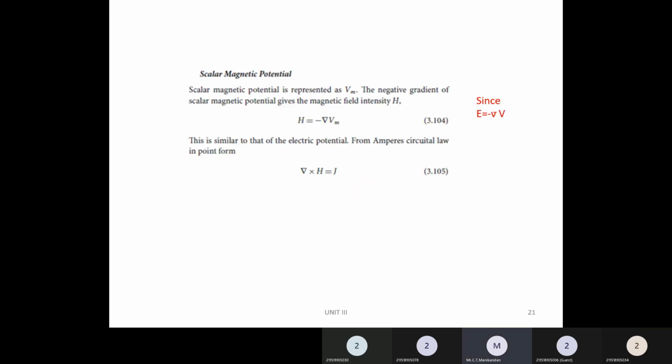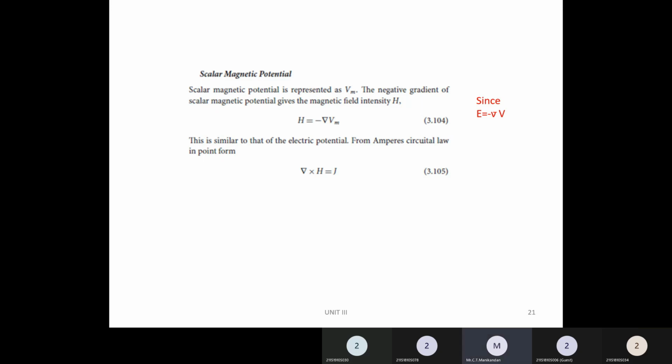Next, we can go for scalar magnetic potential and vector magnetic potential. We know the relation between electric field and potential, E equal to minus del V, which we saw in electrostatics.